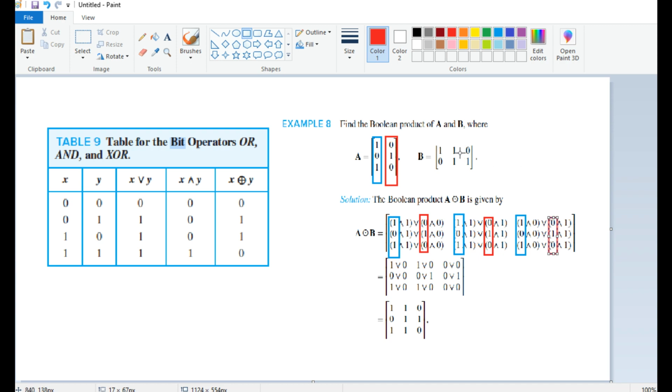Now, where will I be able to find the 10? Okay, the 10 over here can actually be found here. These are all the ones, and these are all the zeros. So that's the 10.